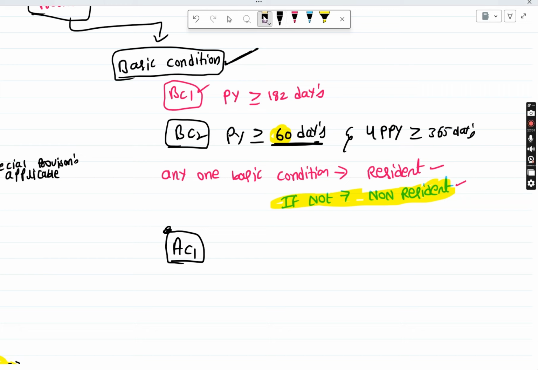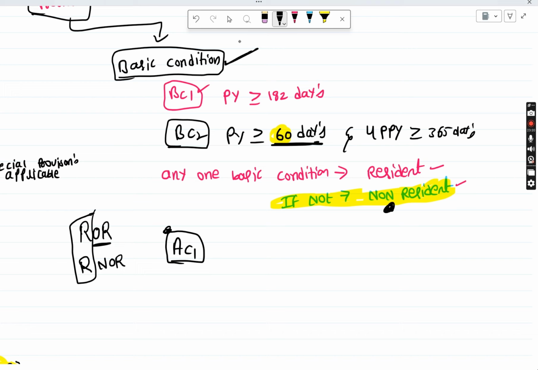Additional conditions are checked to determine resident and ordinarily resident. Or if he does not satisfy them, he will become resident but not ordinary resident. What is common here is a resident. If he is not a resident, then we don't check the additional conditions. So first we check the basic conditions to determine whether he is a resident or non-resident.